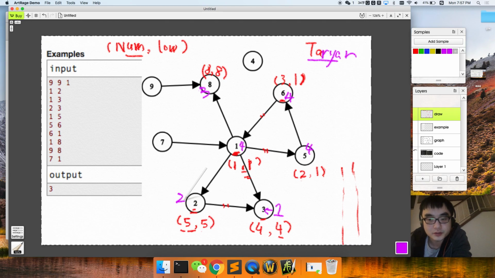Node 2 already has an SCC index, so we skip it. Also, node 3 already has an SCC index, so skip it until we come to node 4. It doesn't have an SCC, so we run the algorithm.